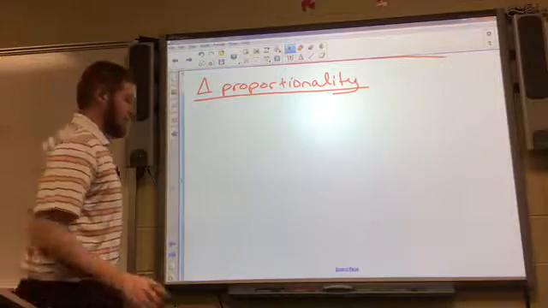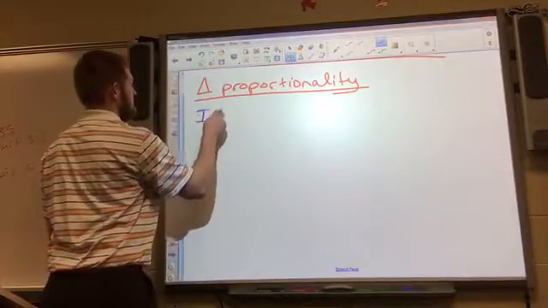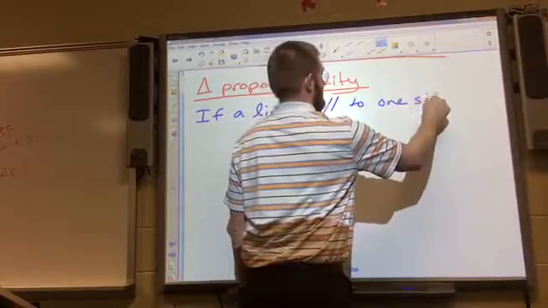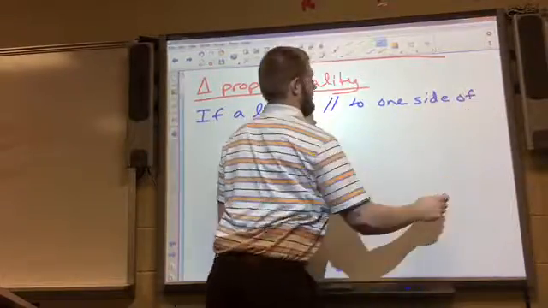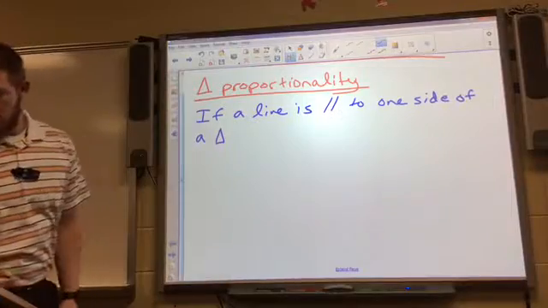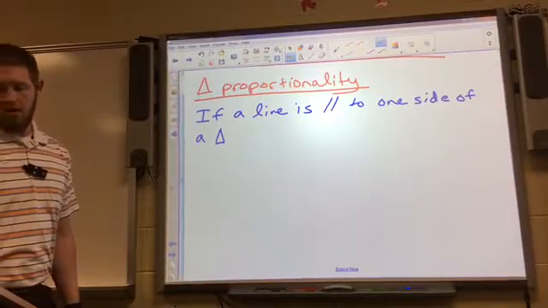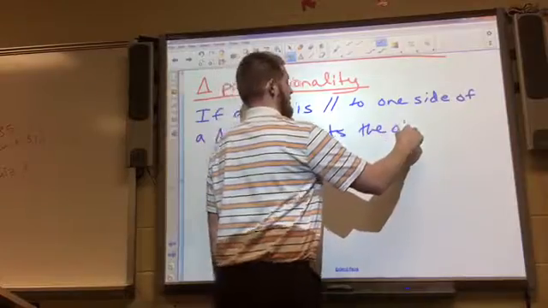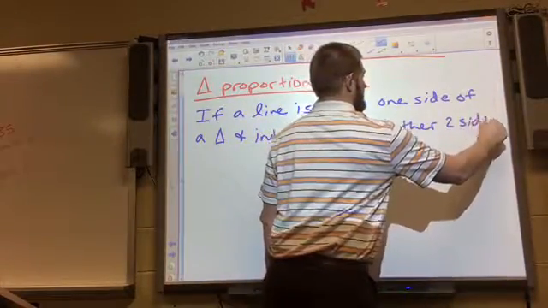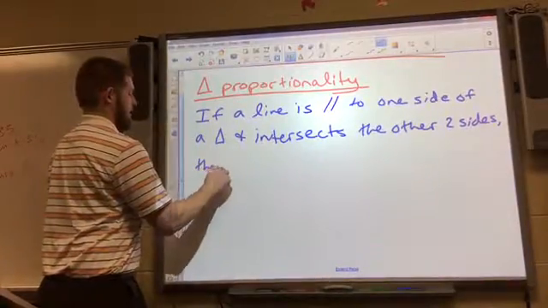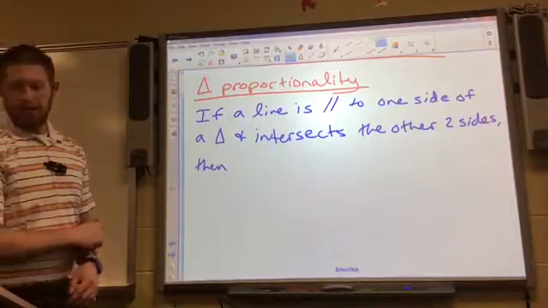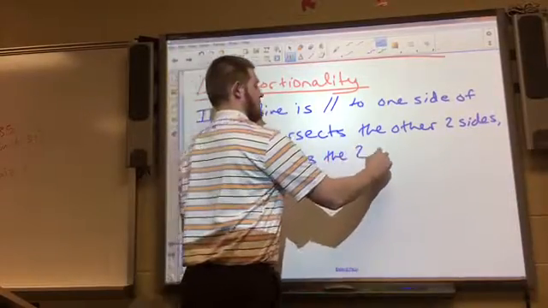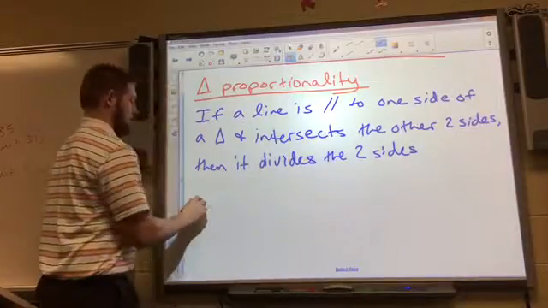But it says if a line is parallel to one side of a triangle, and intersects the other two sides, then it divides the two sides proportionally.